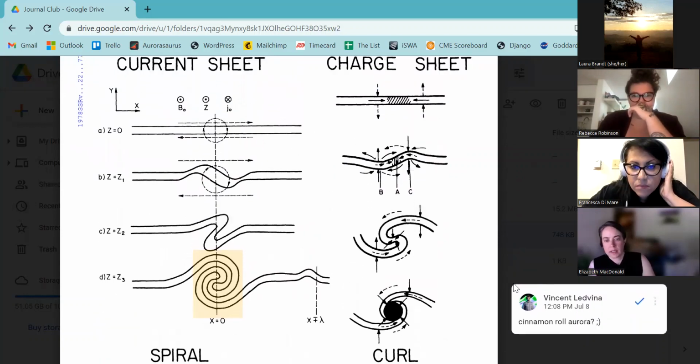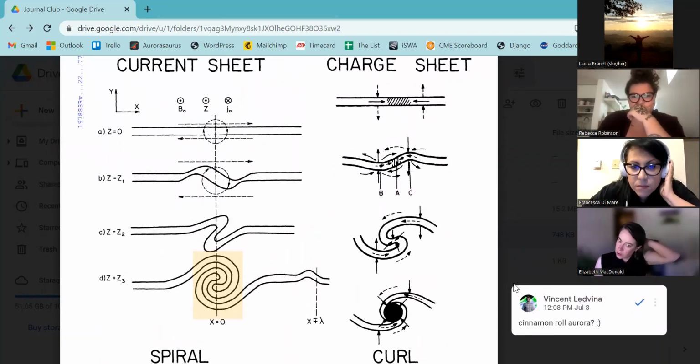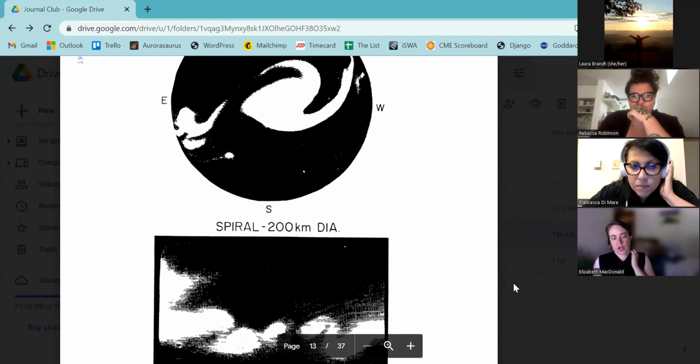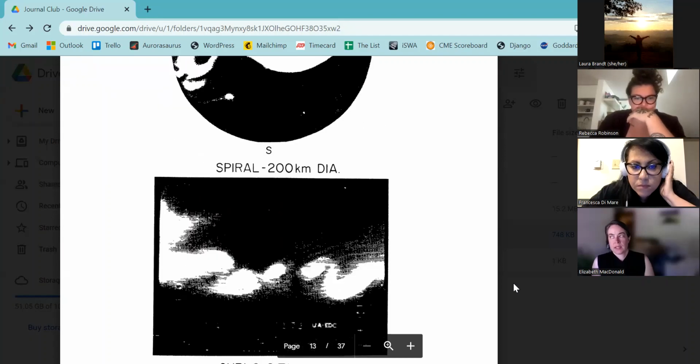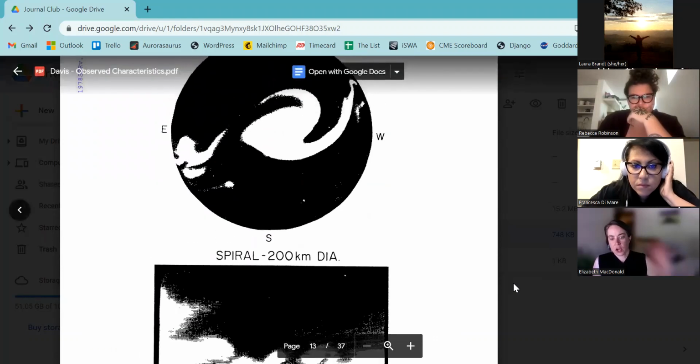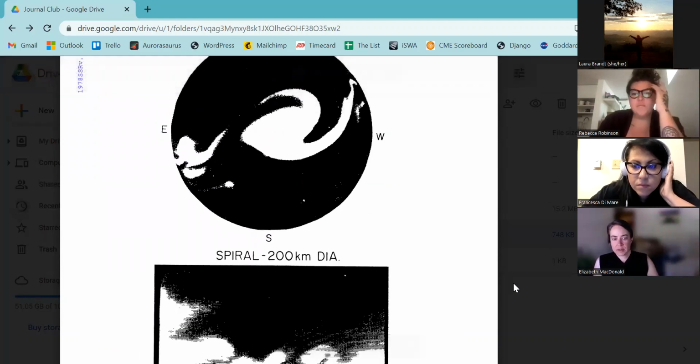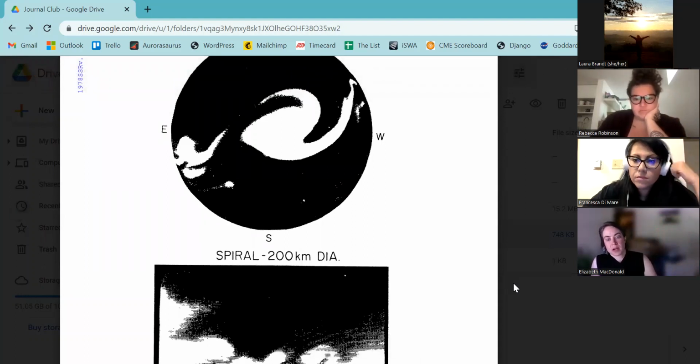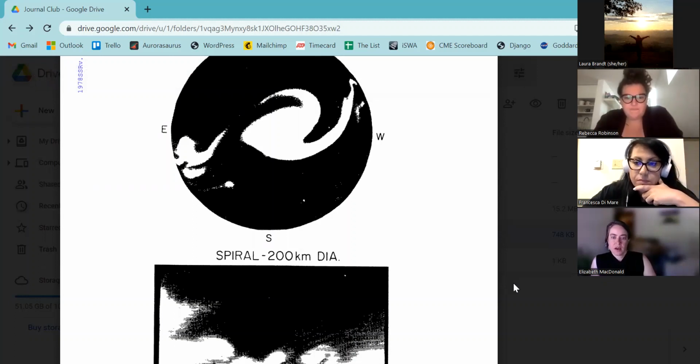And that is one, I think, strength of this article: because they try and get these characteristics, even though there's a lot of technical jargon and they are going into side tangents about barium and stuff like that, they are making the big point that these spirals are 200 kilometers in diameter and the curls are like 3 kilometers in diameter. So vastly different scale sizes of these two.